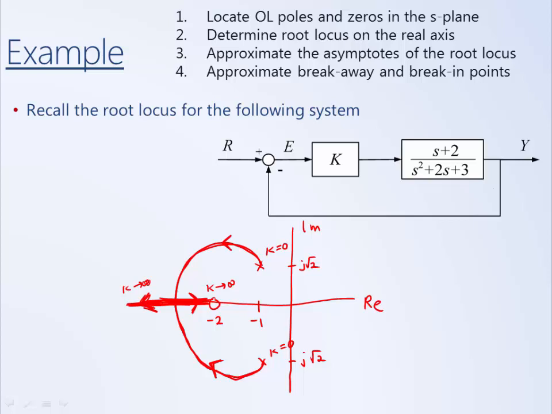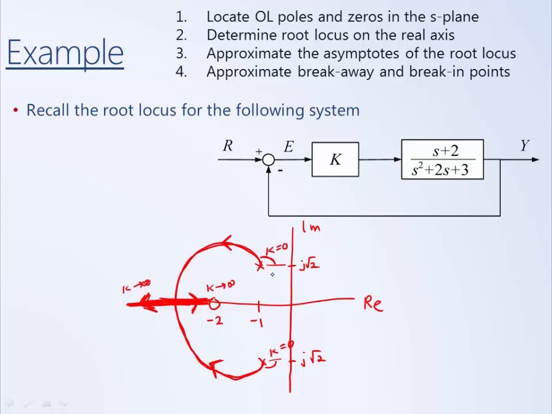Step 5, which we won't do in this class, is to find the angles of arrival and departure. So this angle defining how the branch departs that open loop pole is called an angle of departure. Likewise, this is an angle of departure. Based on our rough approximation, we don't actually know that the root locus would go that direction.